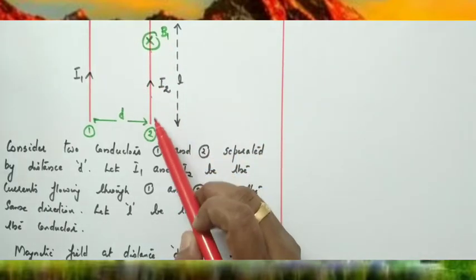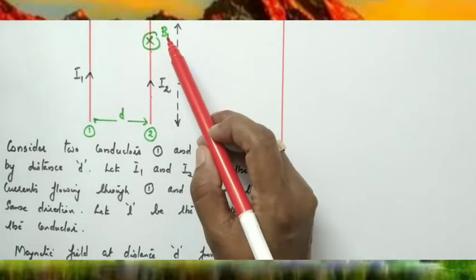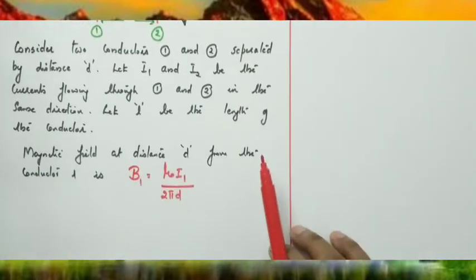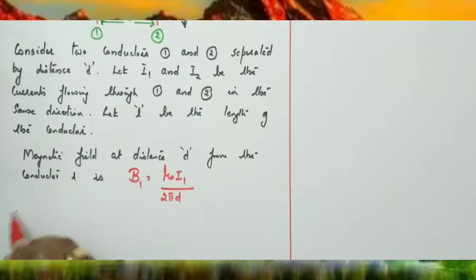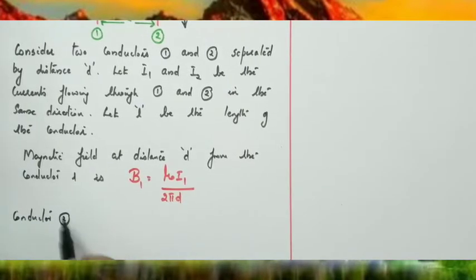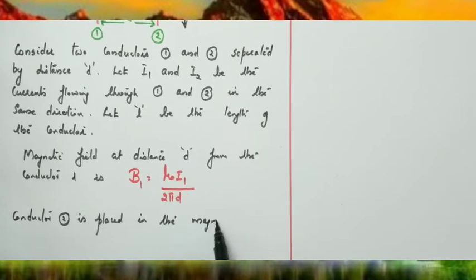So, the second conductor carrying current I2 having length L is placed in the magnetic field B1, which is provided by the first conductor, isn't it? And hence it experiences a force.